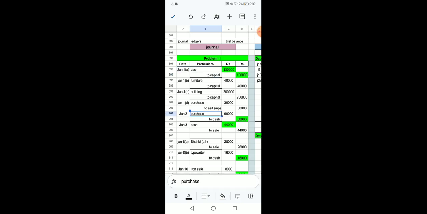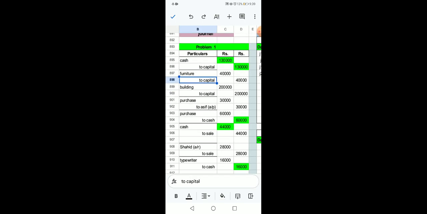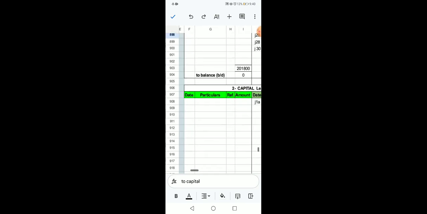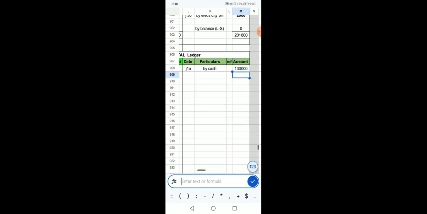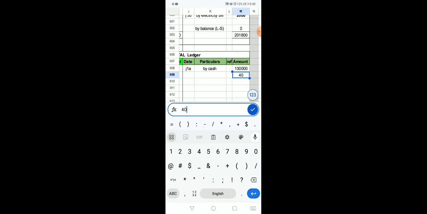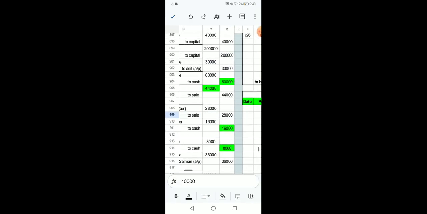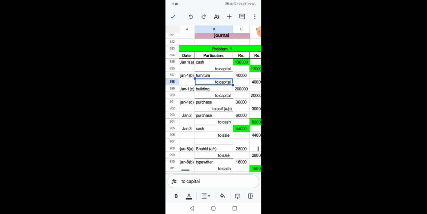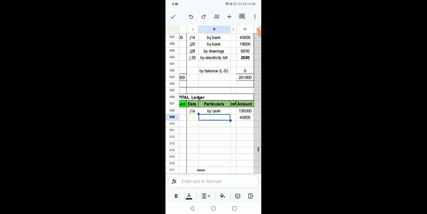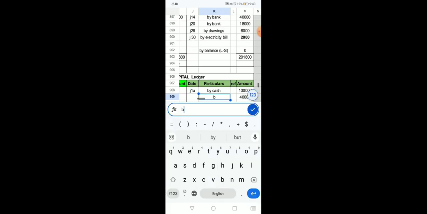Second entry, capital. We are making the capital ledger. Capital is on the credit side with 40,000. You will go to the credit side of your ledger as well and write down 40,000 over here. Now it's time to see its reference for 40,000. Capital was credit. What is written on the opposite side? That is furniture. So put furniture over here as a reference.